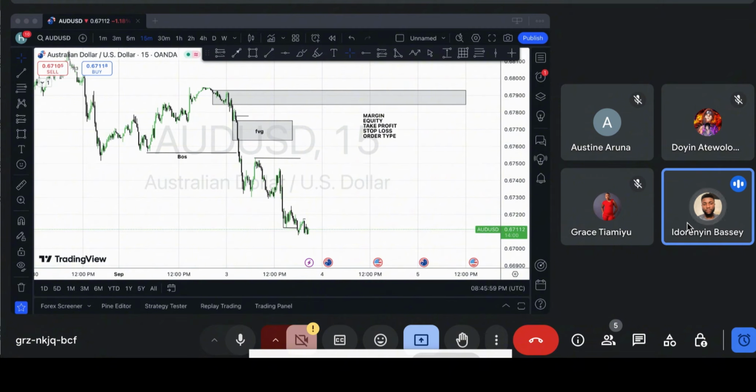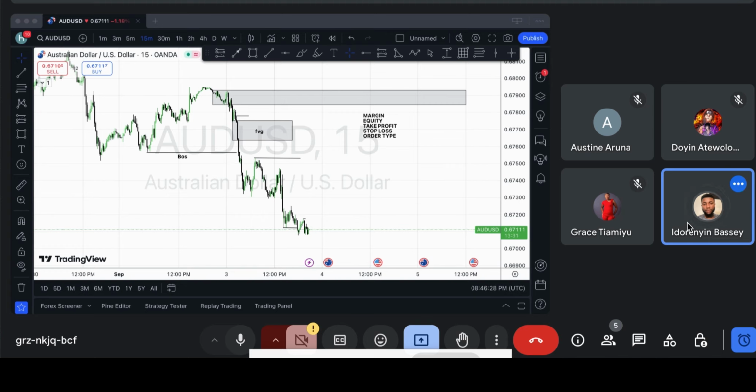So before, I said margin is the amount of money that you deposit with your broker, while equity is the amount of money that you have in your trading account. So let's say you deposit an amount of money with your broker, that is the margin.